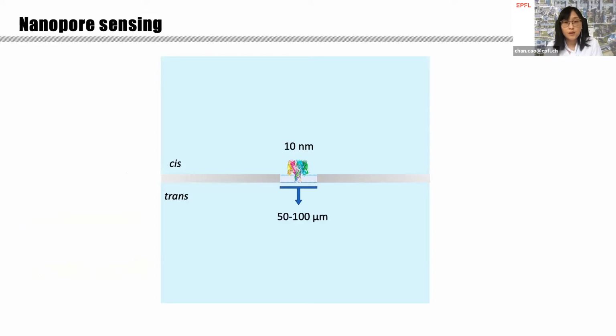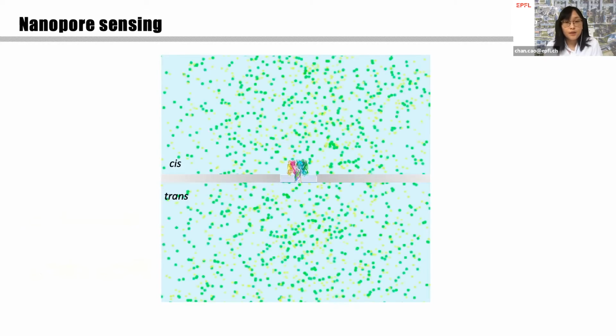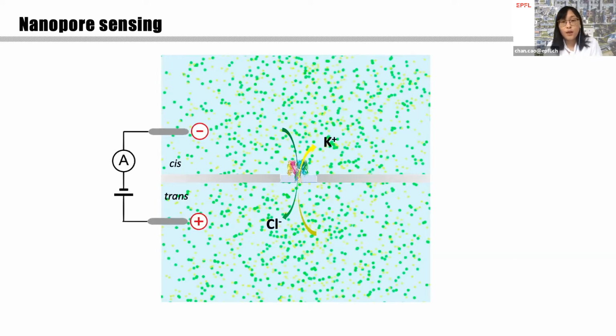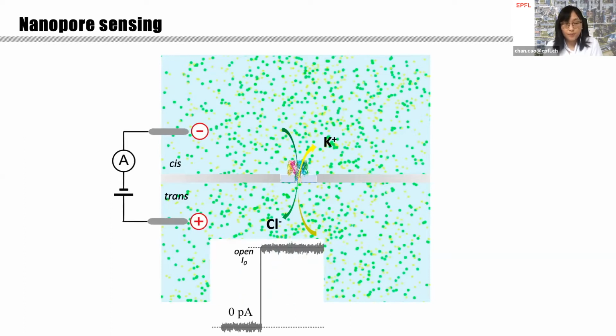Normally it's 1 molar KCl. The green dot here is chloride anion, and the yellow is the potassium cation. After we apply a voltage, you can imagine the ions will flow through the channel because here is the only way to do so. And this will lead to a constant open pore current.